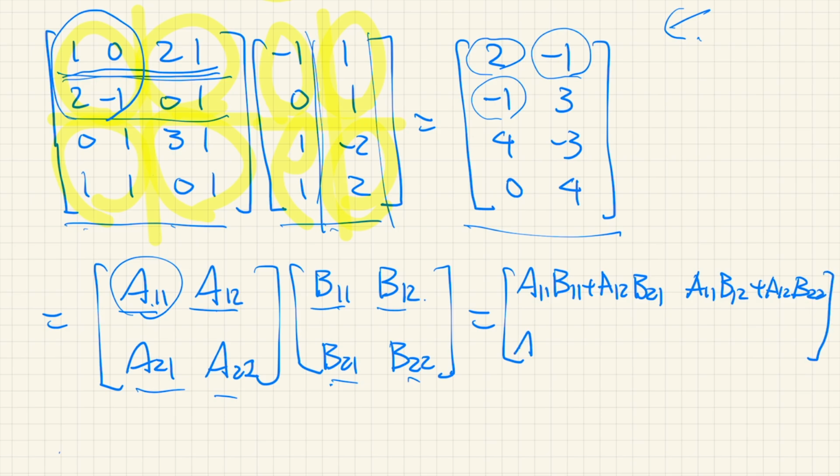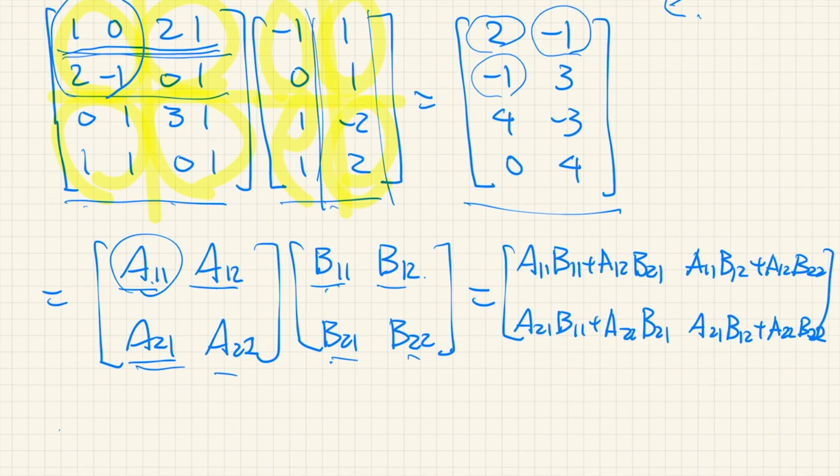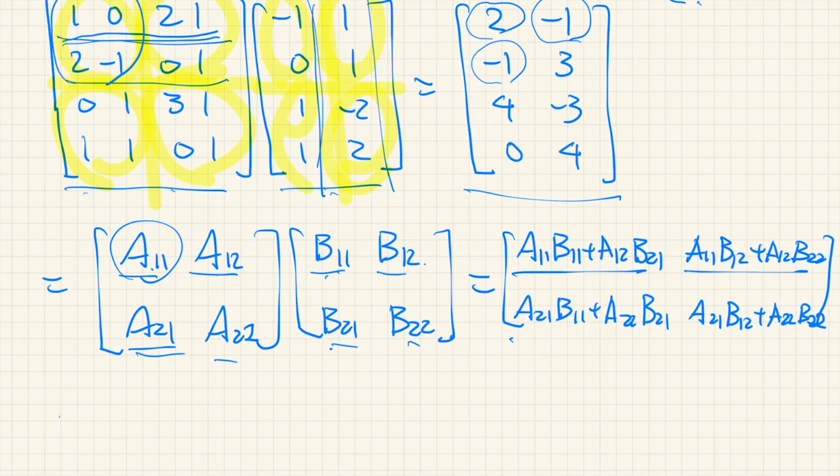And same for this, A21 times B11 plus A22 times B21, and A21 times B12 plus A22 times B22. So let's calculate each of these in turn.